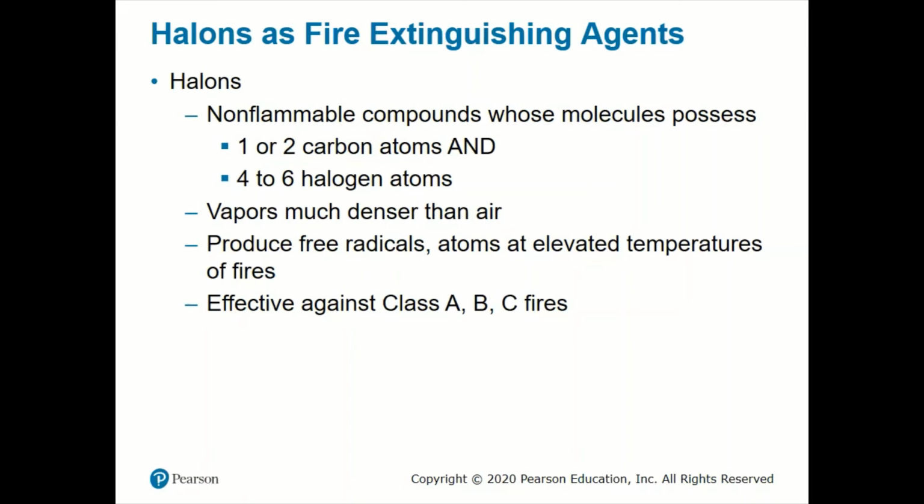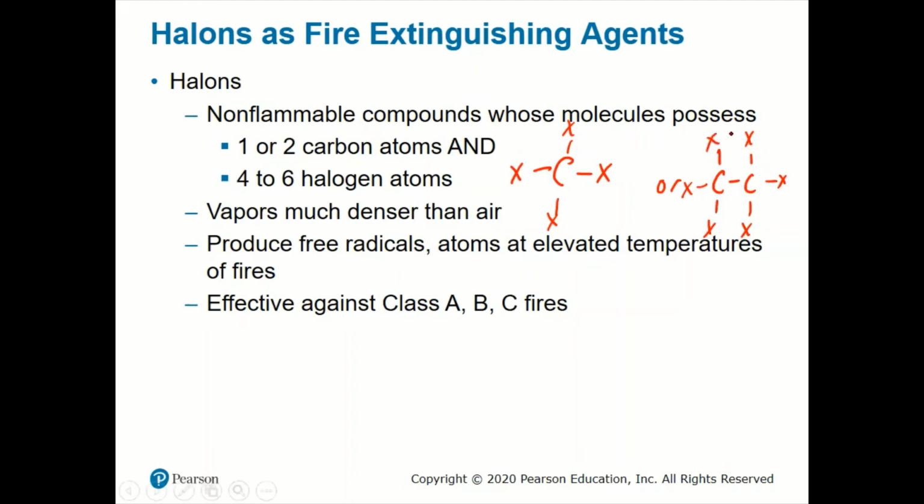So what we're talking about here are compounds that are either carbon with 4 halogens, or if I have a 2 carbon system, then there are 6 halogens.